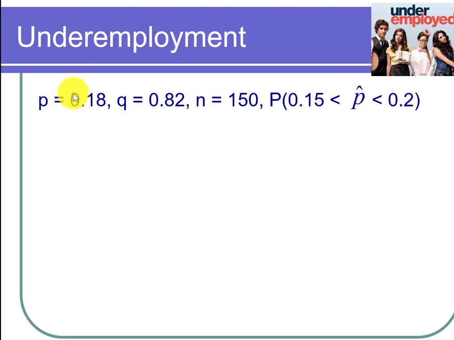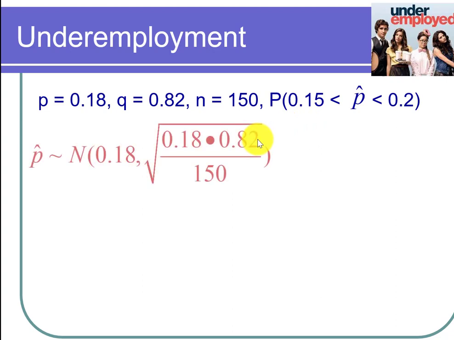So let's pop in our numbers. 18% are underemployed, so P equals 0.18. Q is 1 minus P. 1 minus 0.18 is 0.82. We had a sample of 150 people. And we want to find out the probability that P hat is between 15% and 20%, or 0.15 and 0.2.